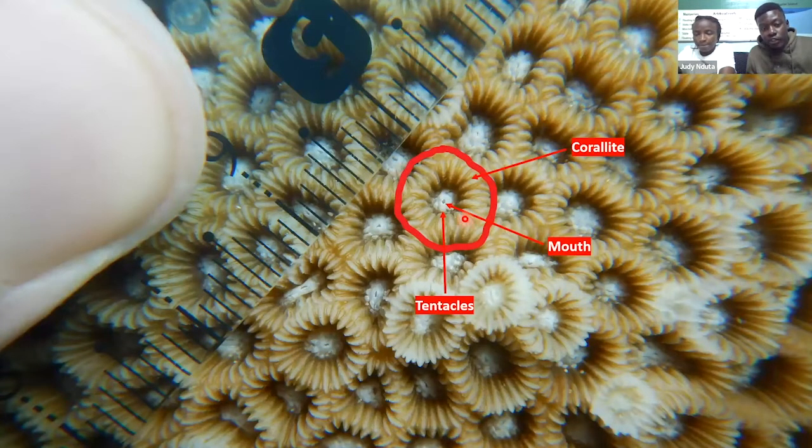And we have the mouth right in the middle, surrounded by tentacles that in this picture are actually retracted. Zooxanthellae are largely responsible for the green, brown, and red colors observed in a large majority of corals. Other colors like blue, purple, violet are a result of the coral polyp itself.